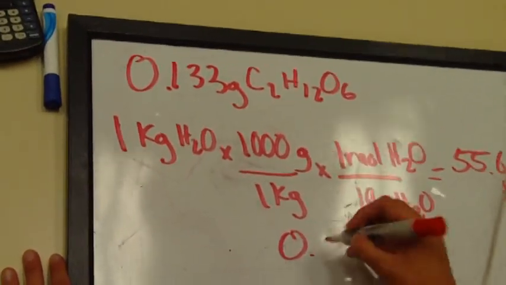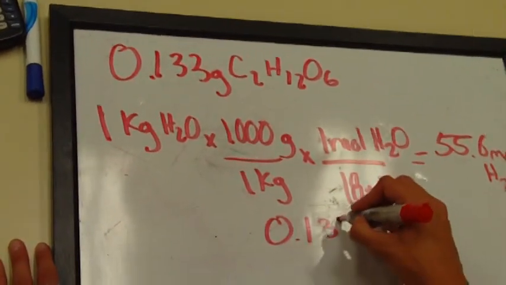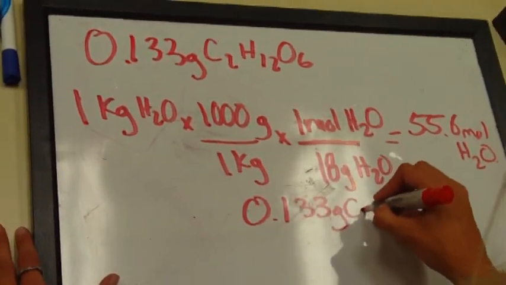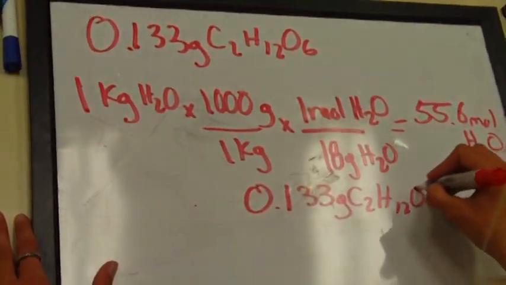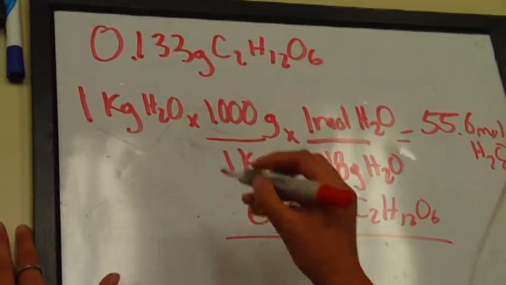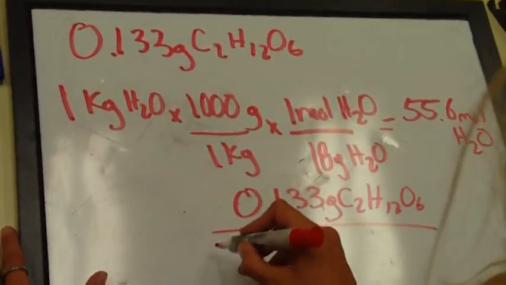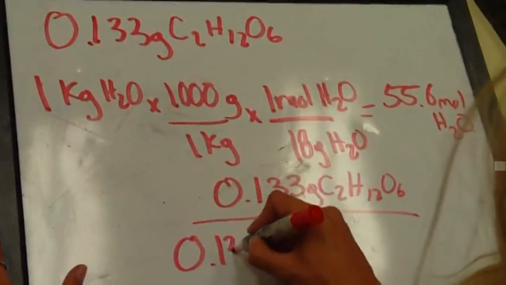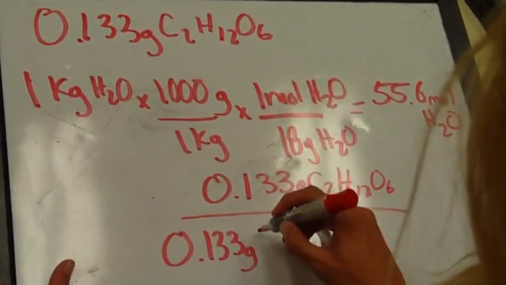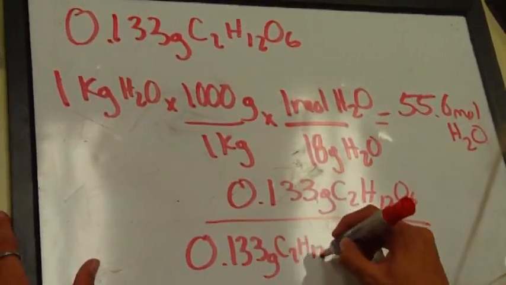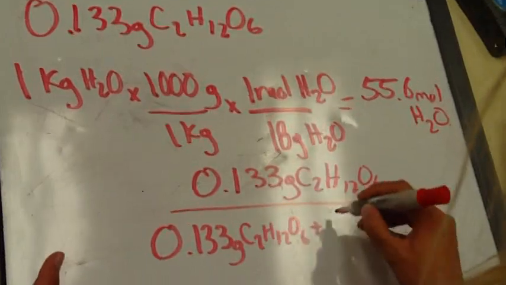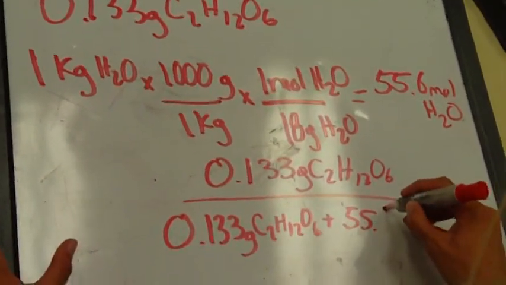To get the mole fraction, we take the solute that we're getting the fraction of on the top, and we divide it over adding all of the separate components, so that's going to be our glucose moles plus our water moles.